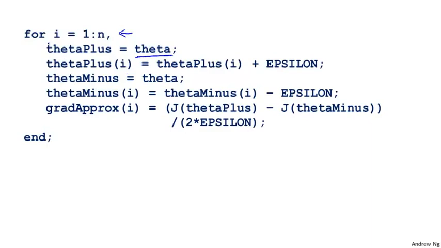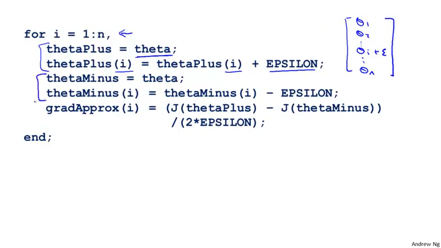I'm going to set theta plus equals theta, then increase the ith element of theta plus by epsilon, so theta plus is basically equal to theta except for theta plus i, which is now incremented by epsilon. So theta plus is equal to theta 1, theta 2, and so on, and then theta i has epsilon added to it, and then I go down to theta n. So this is what theta plus is.